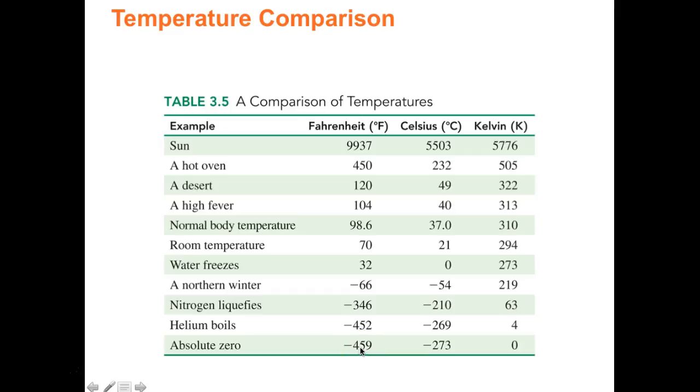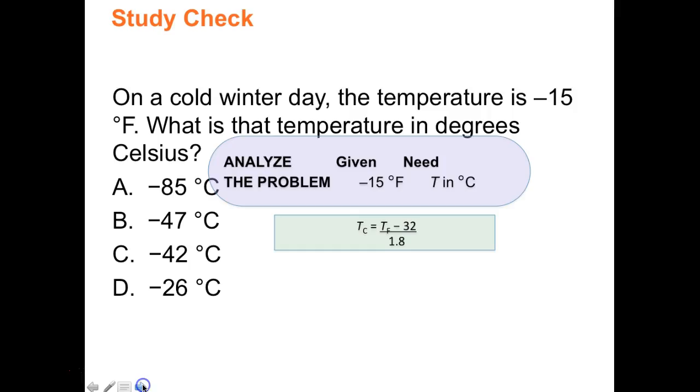Some important things to remember are 98.6, 37, and 310 on Kelvin, although Kelvin is really not used for body temperature. Those are some of the important temperatures to remember.